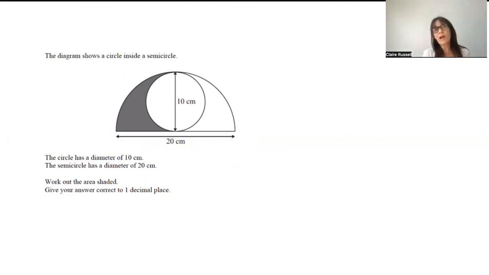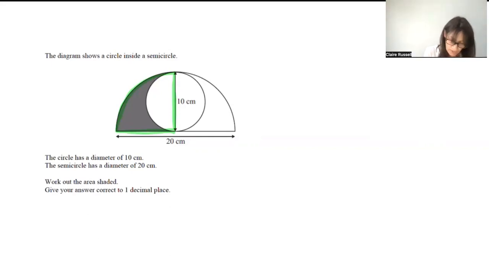Okay, so there's quite a lot going on in the diagram, but when you break it down, hopefully it's not too bad. The shaded region is in this quarter. So if I find a quarter of the big circle, I'm on my way.